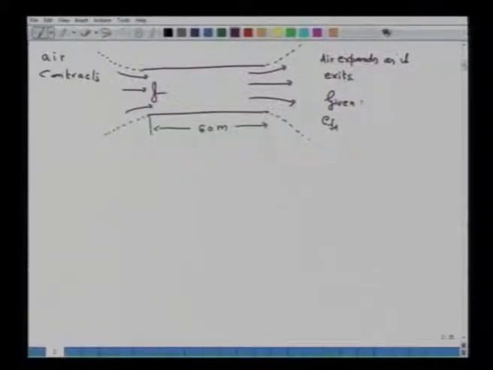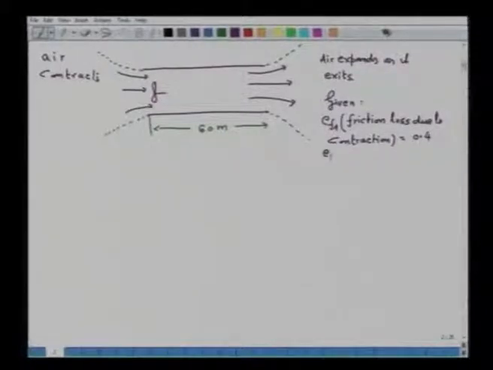Also given to us, EF1, if you recall, this is the friction loss due to contraction, is given to be equal to 0.4.